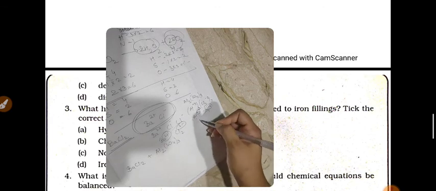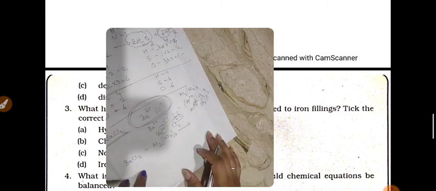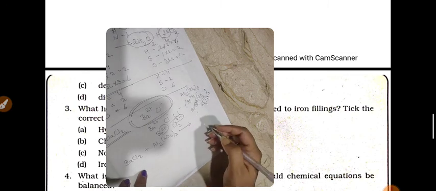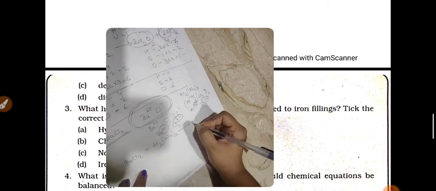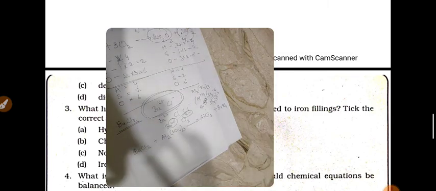So plus and minus balance. So Al2, 2 times and SO4, 3 times. When it reacts, it gives aluminum chloride AlCl3 plus precipitate of barium sulfate BaSO4. So now this is the equation and we need to balance it.